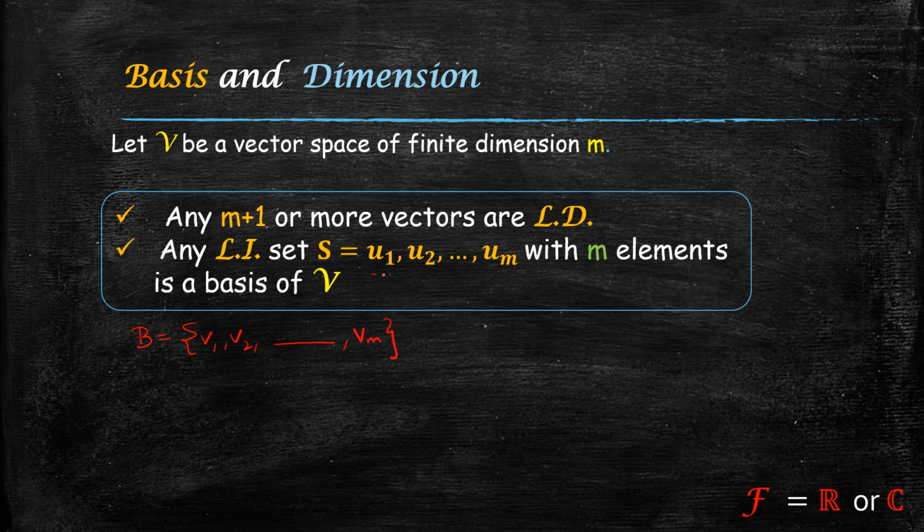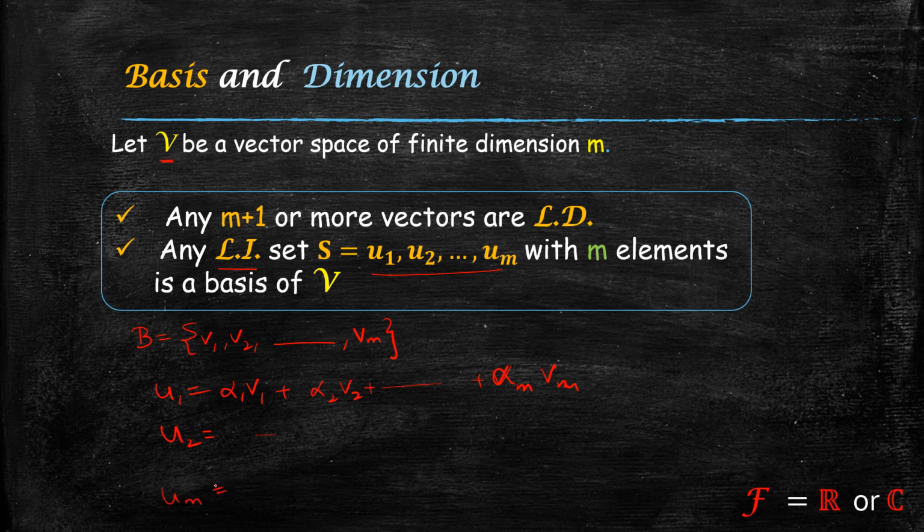Since u1, u2, and so on are also elements of vector space V, I can write vector u1 as a linear combination of vectors v1, v2, ..., vm, where alpha 1, alpha 2 are scalars belonging to field F. Similarly, I can write u2 as a linear combination of vectors v1, v2, v3, and so on.